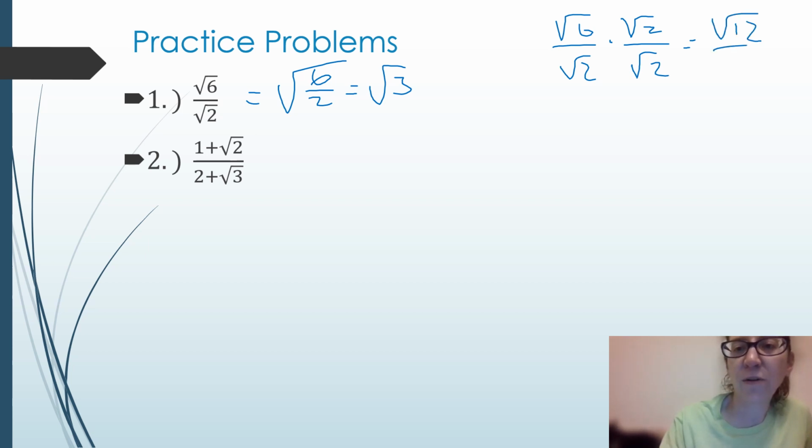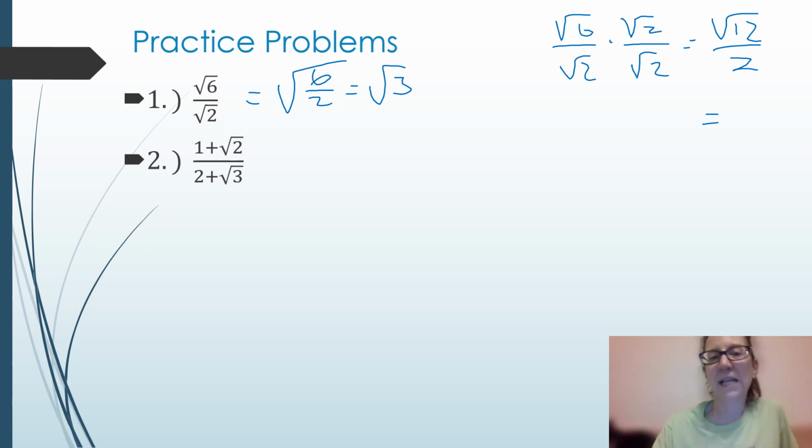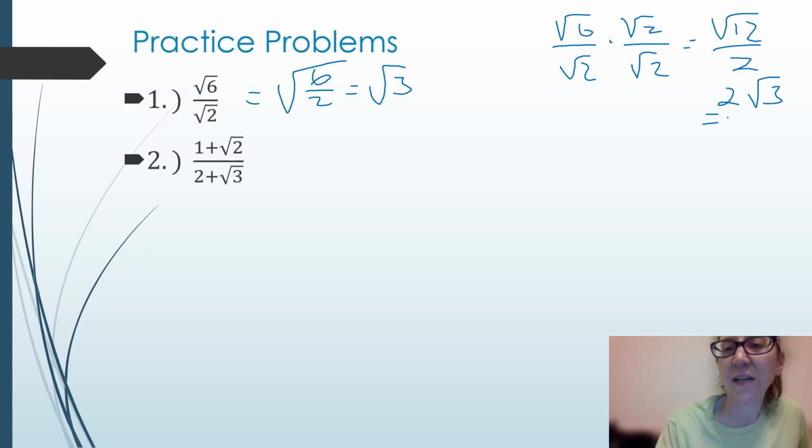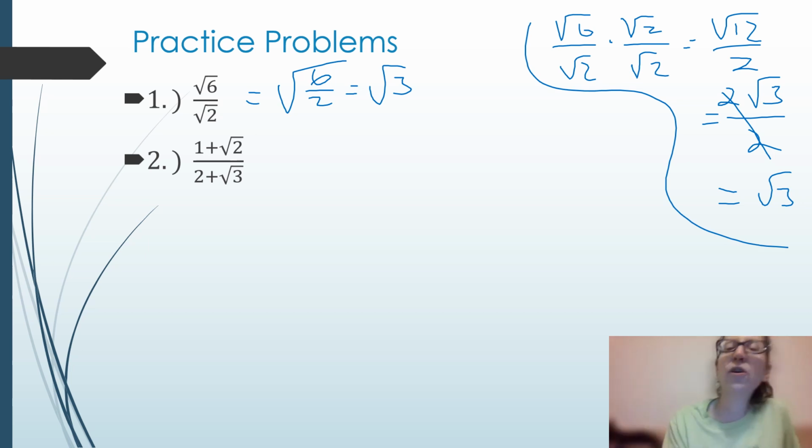That'll give you the square root of 12 over 2. And if you remember from way back at the beginning of this lesson, the square root of 12 simplified into 2 root 3, and then your 2's would cancel out. So you could do it that way as well.